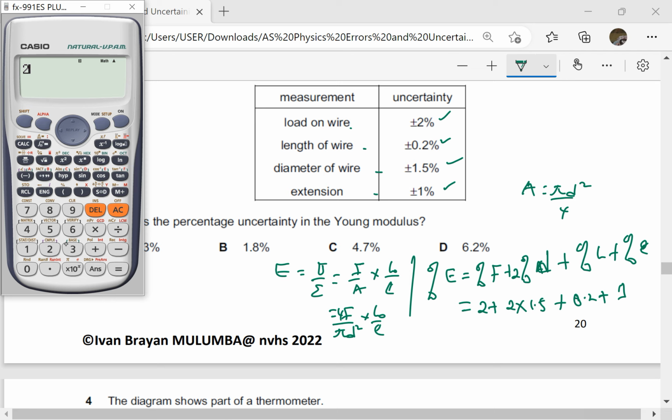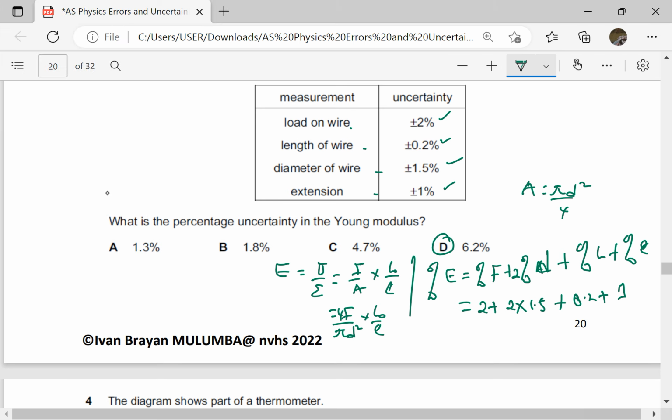So this will be 2 plus 3.0 plus 0.2 plus 1, which is 6.2%. So the answer is D.